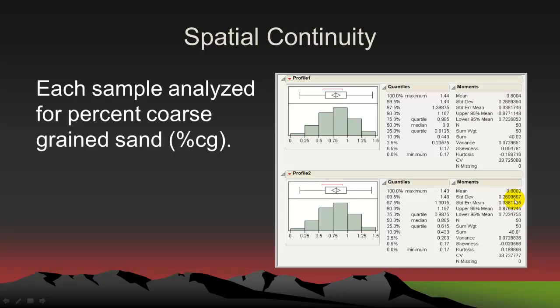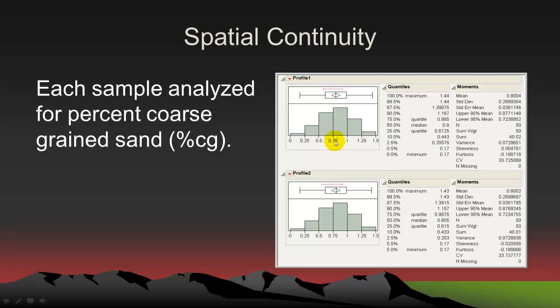Well, that's rather interesting. We didn't expect to have the same variability from both sets of samples. Furthermore, if we look at the maximum, 1.44% for profile 1 and 1.43 for profile 2, and the minimum 0.17, 0.17, they're identical, the max and mins from both streams.